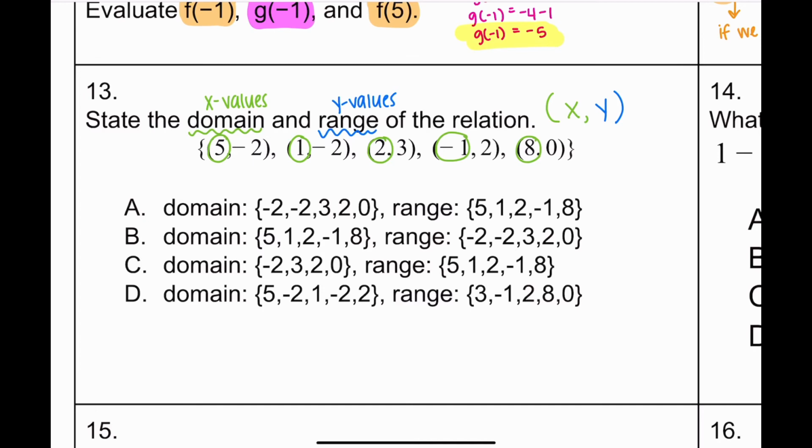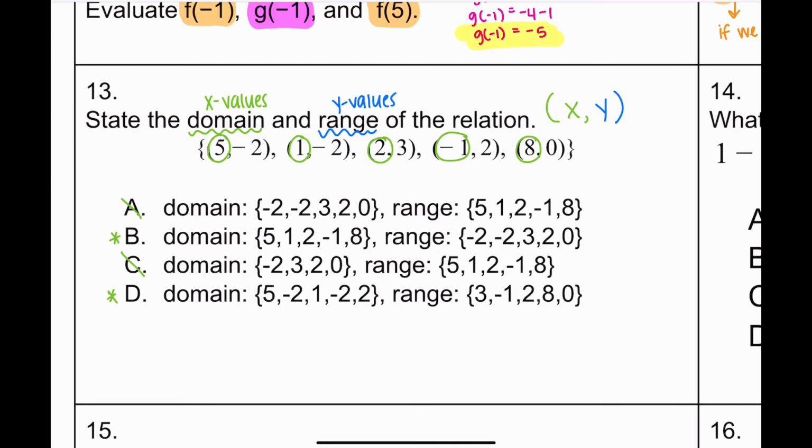So let's see which options we can eliminate and which we can keep from the choices below. 5, 1, 2, -1, 8 are only found in option B and option D. So we can eliminate A and C altogether.